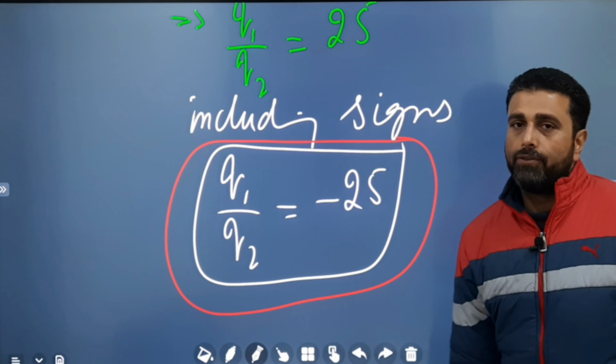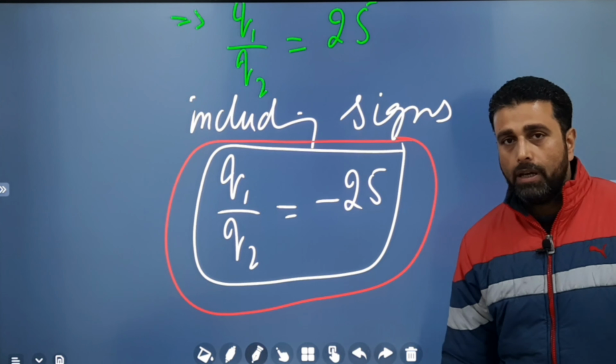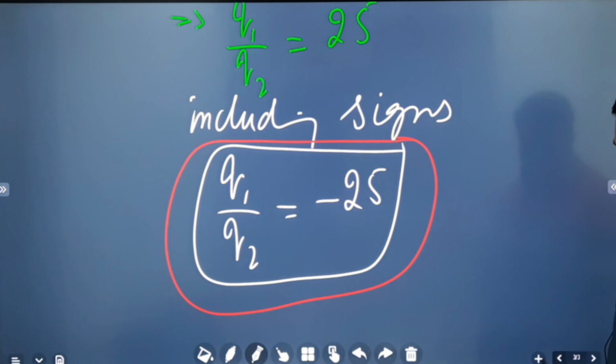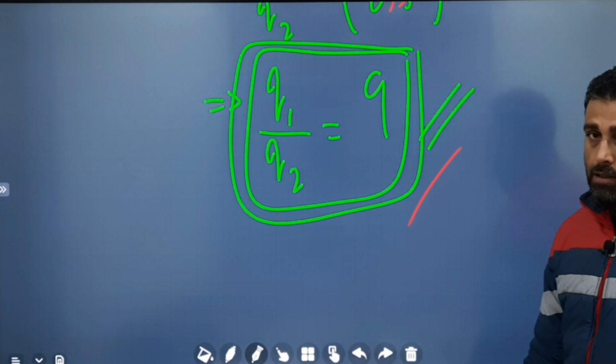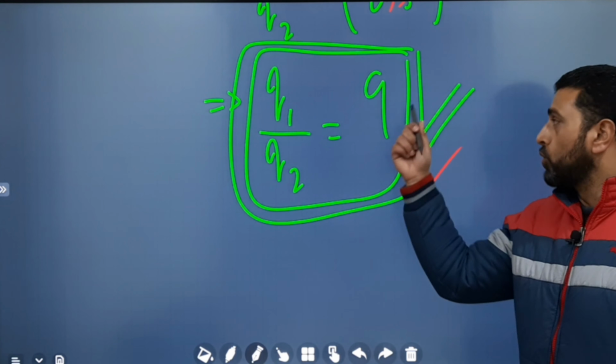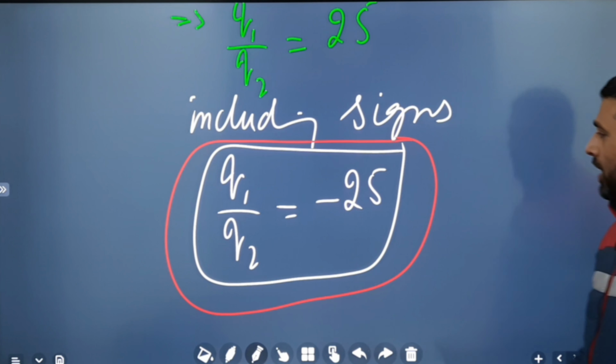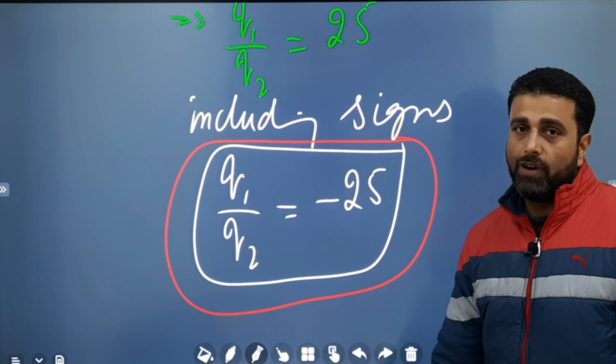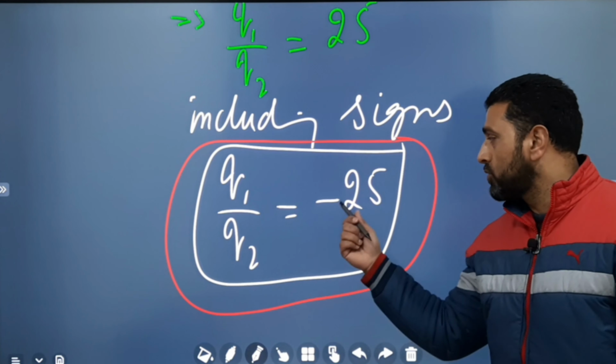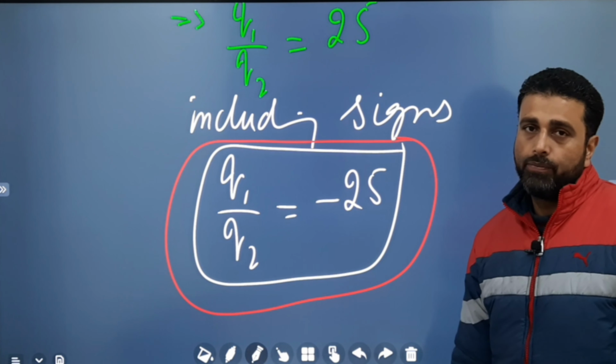So in the first part, Q1 by Q2 is 9; both are like, so plus 9. And in the second part, Q1 by Q2 is minus 25. The two are unlike, so that's why the ratio is negative.